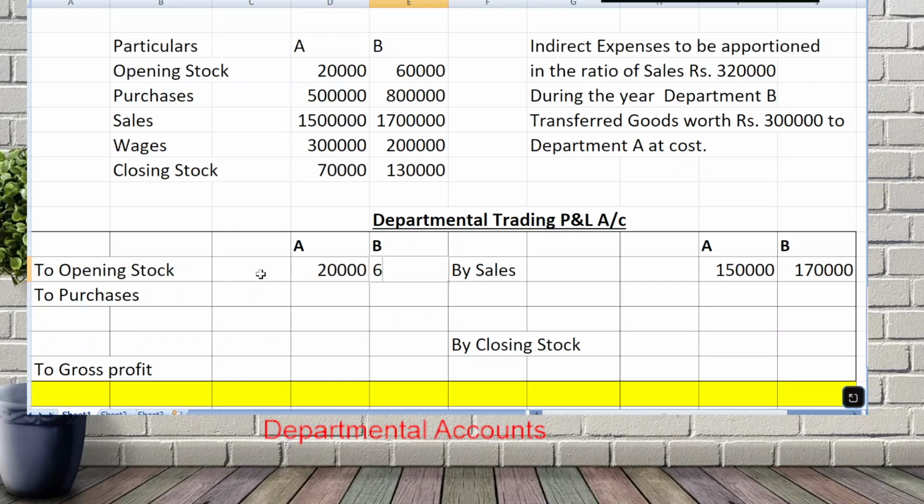Don't wait, do it along with me. 20,000, 60,000. Purchases? Closing stock? 1,30,000. To wages. Wages are 3 lakhs and what? 2 lakhs.